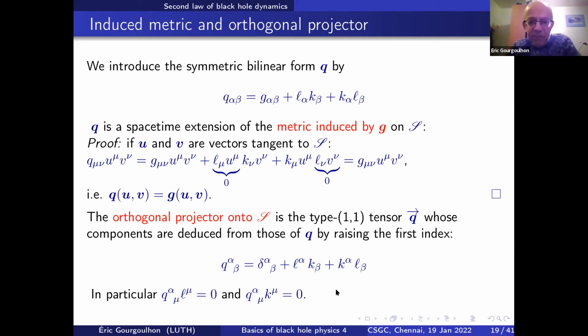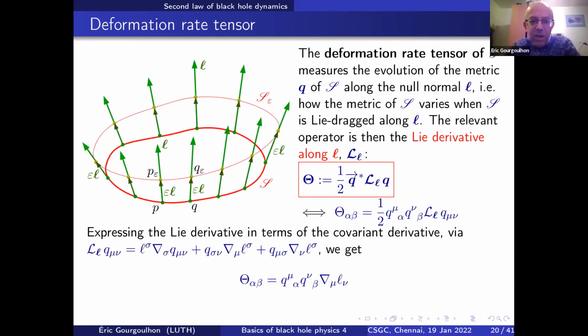So now, the other day, on Monday, we defined the expansion along the null normal of the surface S. This is the theta L. But now we are going to define something more general. The expansion was a scalar at each point. Now we are going to define a tensor of valence 2 at each point, actually a symmetric bilinear tensor at each point, that we will call the deformation rate tensor of the surface.